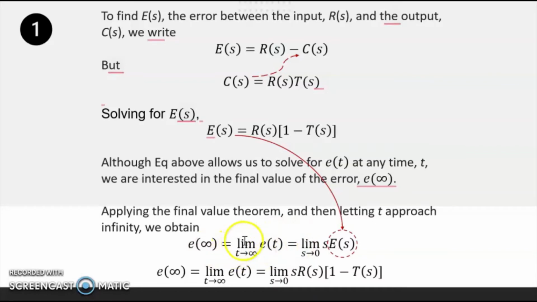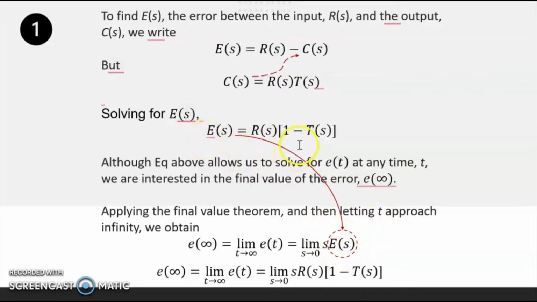You need to take that limit, t approaches infinity, of e(t). Again, the Laplace transform of this e(t) is sE(s) here. And for the limit, if t approaches infinity, it means that s approaches 0, and in this case your E is actually this one.